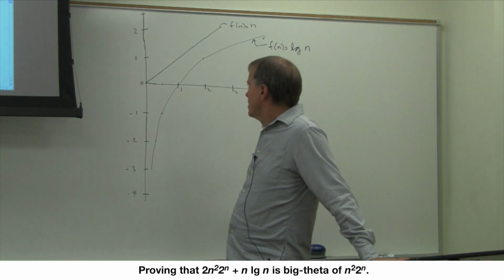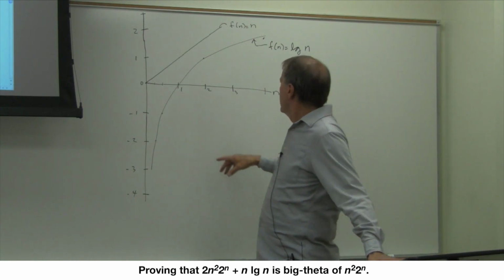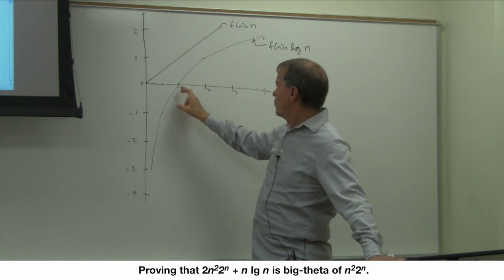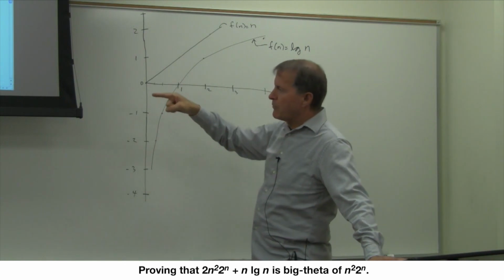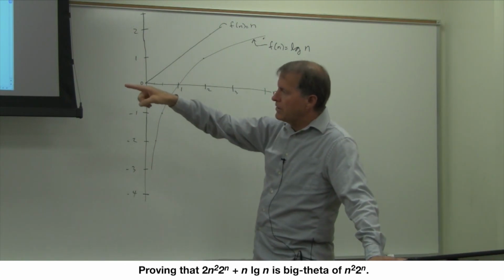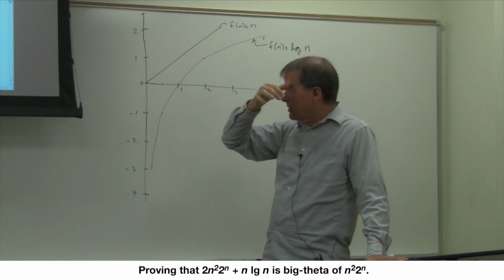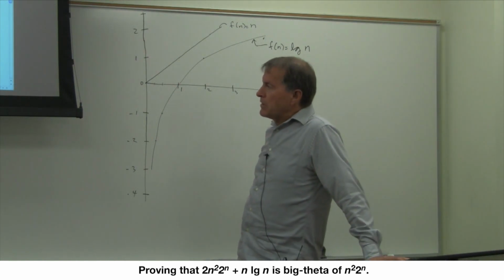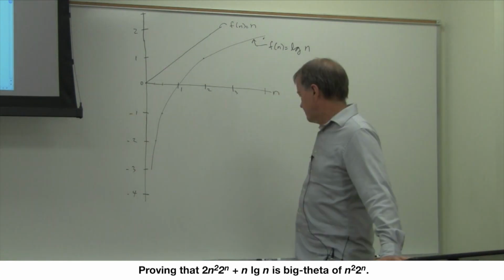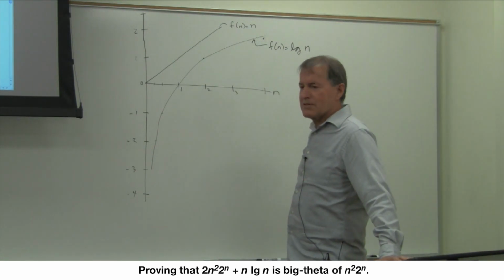As long as n is greater than 1, you can drop it. Which one is easy, the big O or the big omega? Are you guys working it?